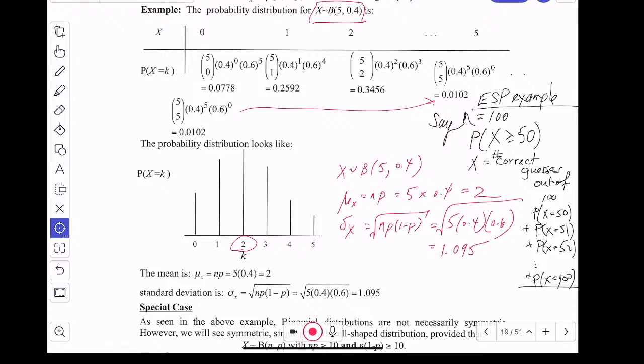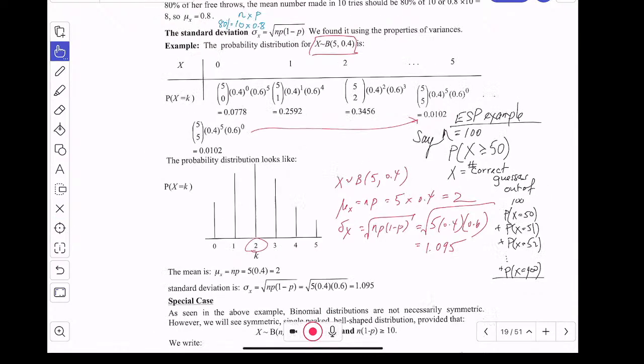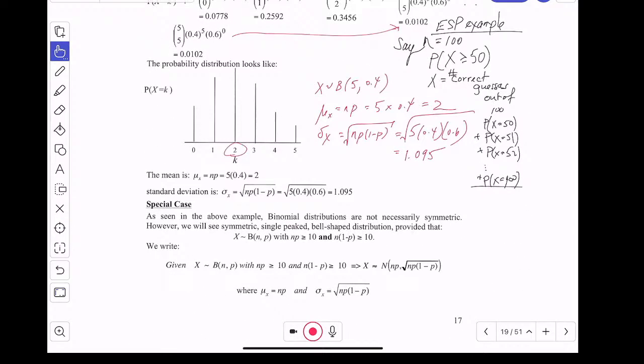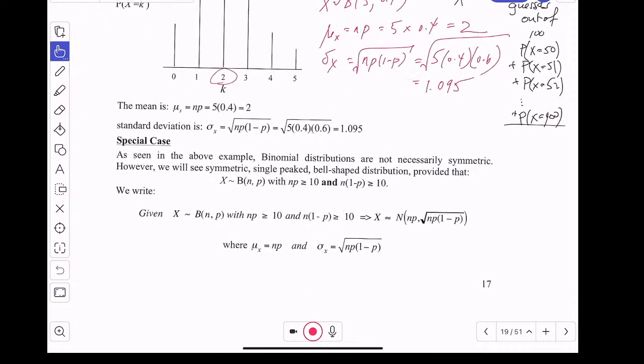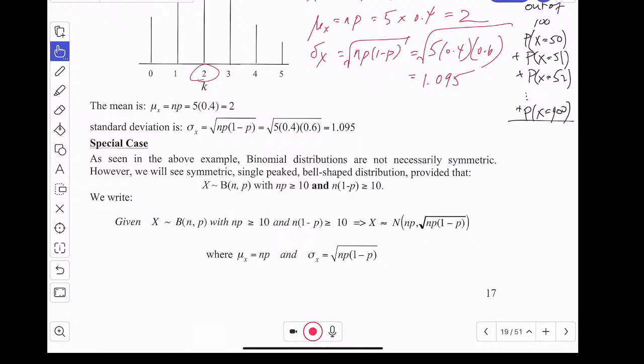So here, for instance, the p was not 0.5, and it's not exactly symmetric. It's a little bit off. But it will be symmetric in a special case. And that case is, it turns out, when n times p is greater than or equal to 10, and n times 1 minus p is greater than or equal to 10.